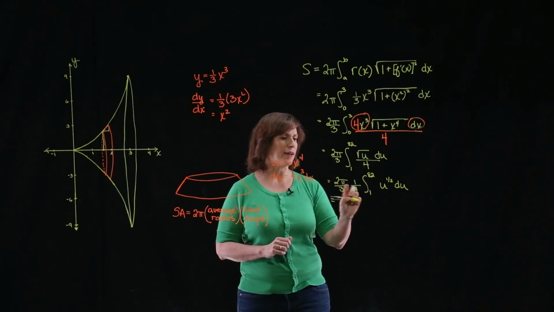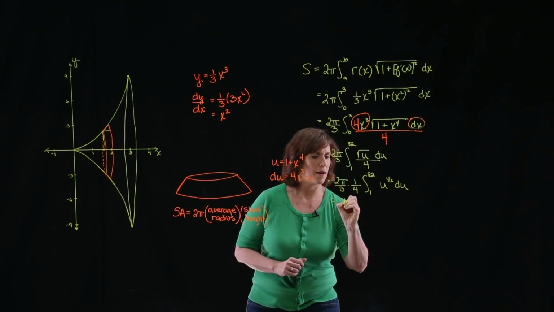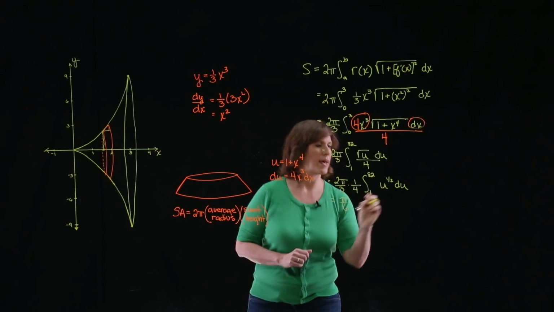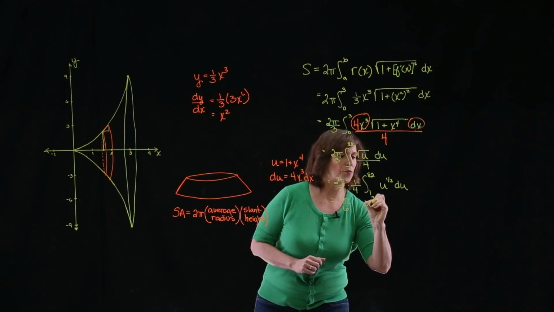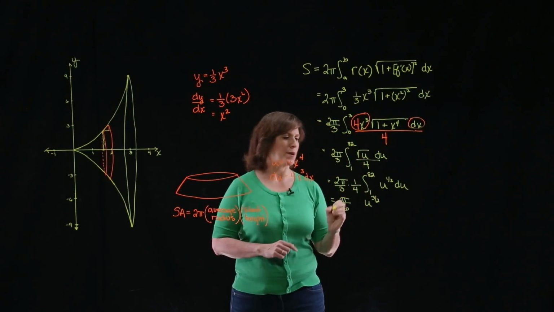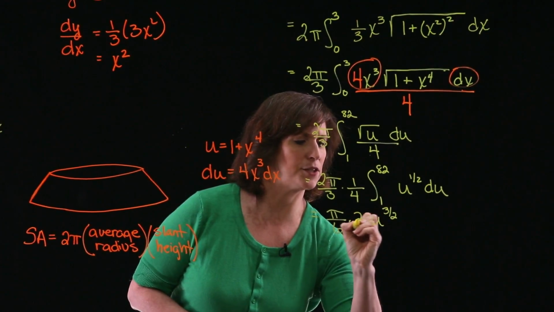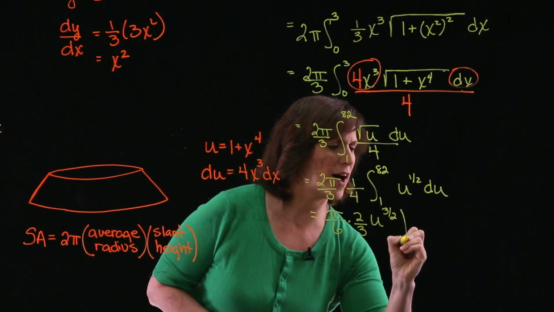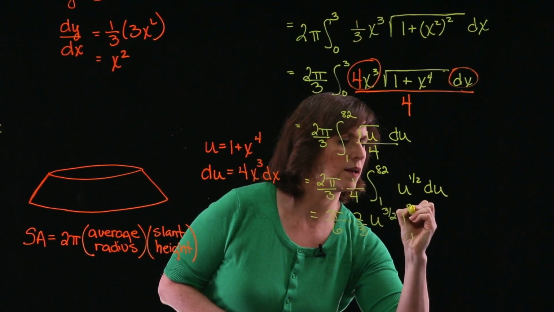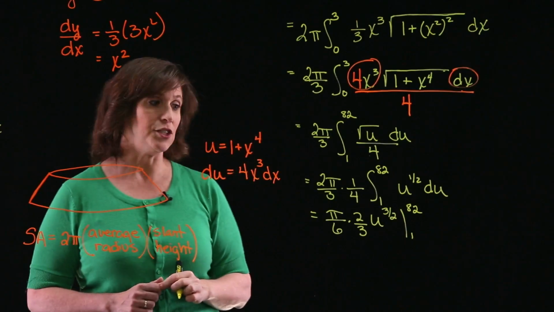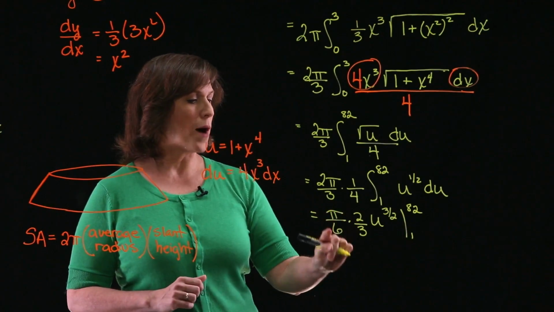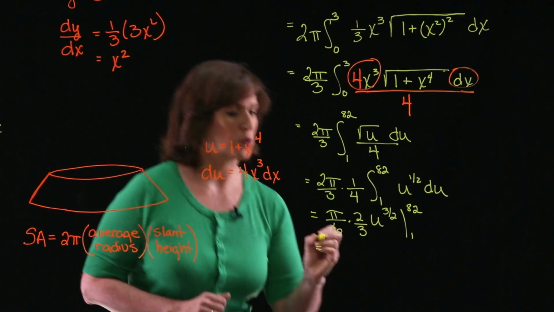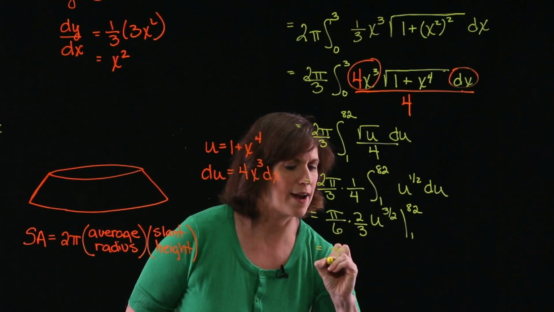So with a little simplifying, this is going to become pi over 6, and the integral of u to the 1/2 is u to the 3/2 over 3/2, which is the same thing as multiplying by 2/3. And then I'll evaluate from 1 to 82. All right, a little more simplifying. Pi over 6 times 2/3, that's going to reduce to pi over 9.